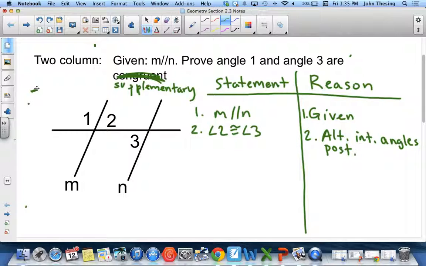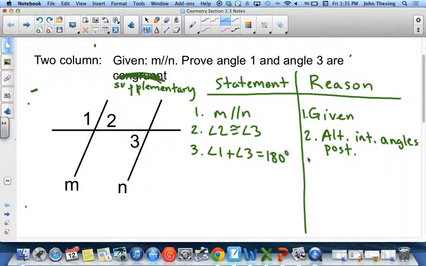Okay, Vadim, I'm just going to keep picking on you. After you set 2 and 3 equal to each other, what was your next line of reasoning? Angle 2 is supplementary to angle 1. Okay, so what I'm going to say is angle 1 plus angle 3 equals 180 degrees.